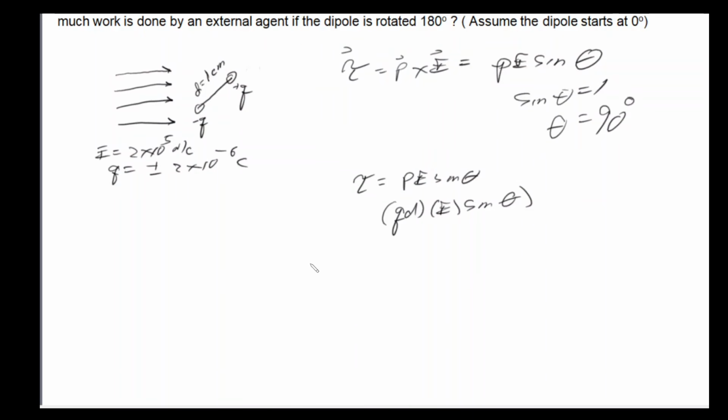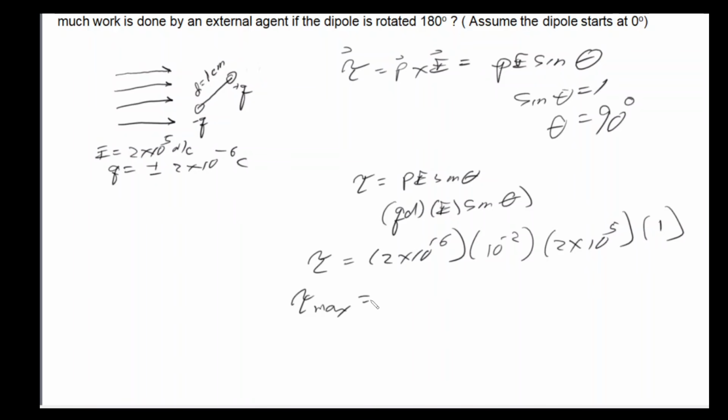So the maximum torque is T is equal to Q, which is the charge, 2 times 10 to the minus 6, times the distance, which is 1 centimeter, or 10 to the minus 2 meters, times E, which is given as 2 times 10 to the 5th newtons per coulomb, times the sine of 90 degrees, which is 1. So our maximum torque ends up being 4 times 10 to the minus 3 newton meters.